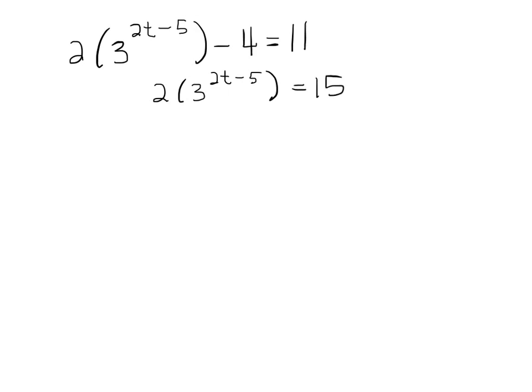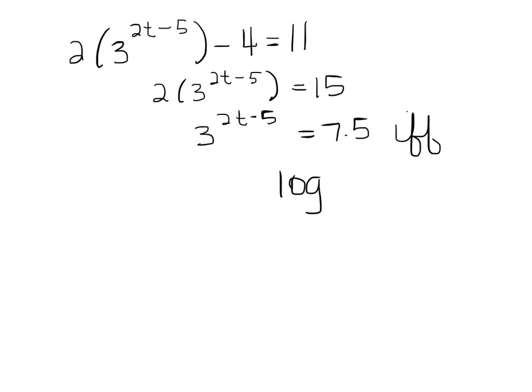And then I'm going to divide by 2. Forgive me for using a decimal. Now that I have isolated that exponential, I'll use my if and only if statement to say log with a base 3, because that's the base of this exponential. The answer to the logarithm is the exponent.